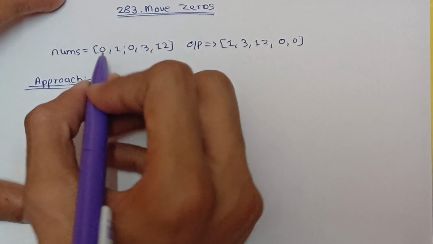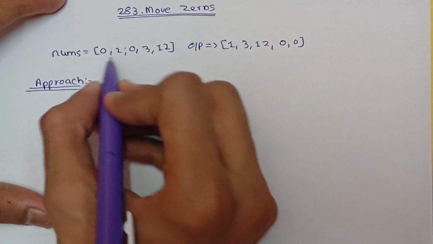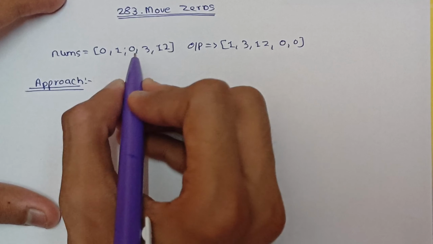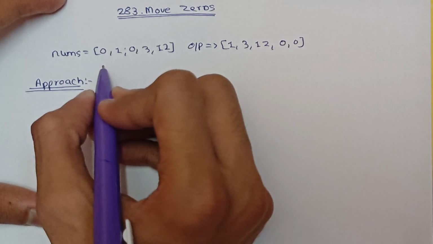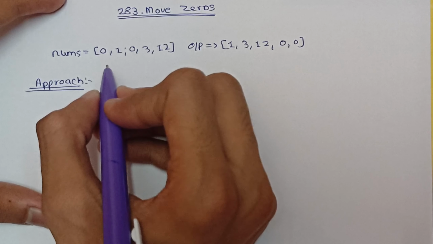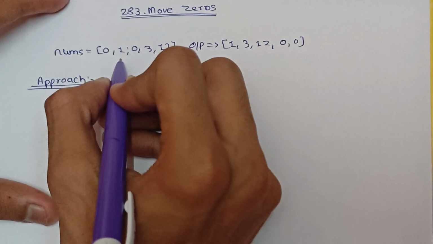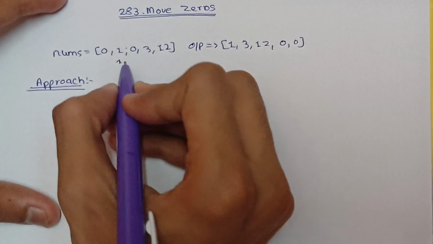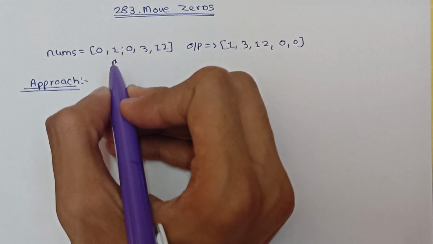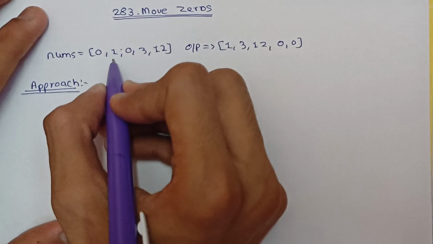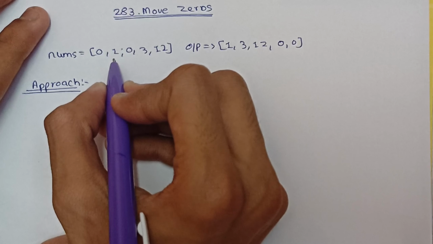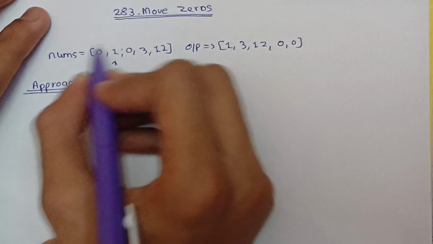We will first look for non-zero elements in the array. We will iterate with one for loop, and check if nums of i is a non-zero element. If we find a non-zero element, then we will move it to the front.